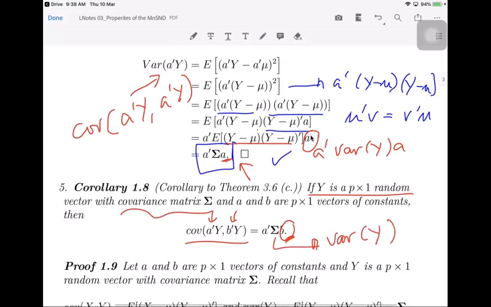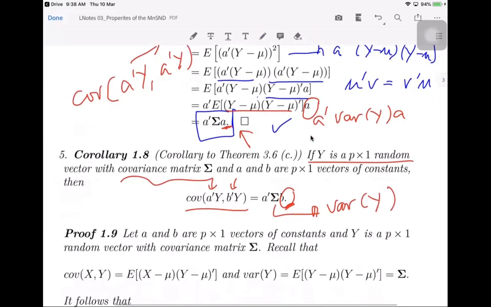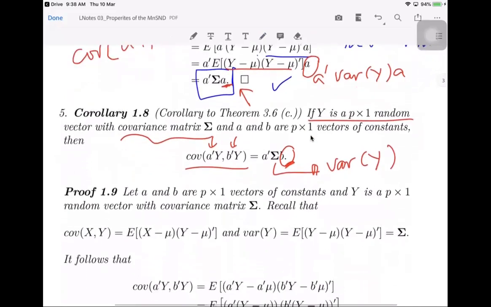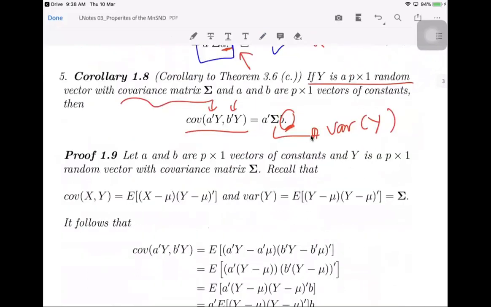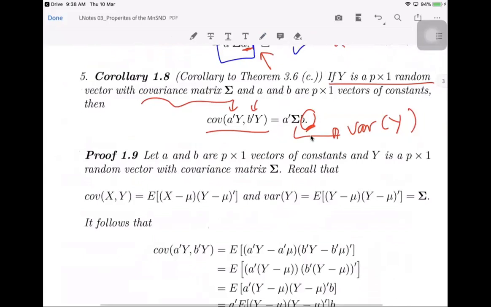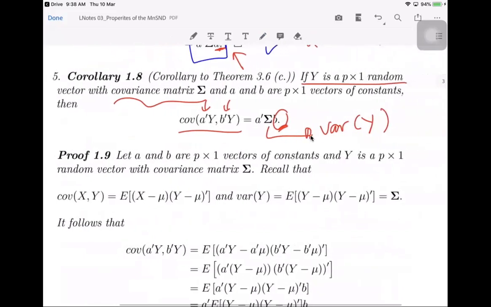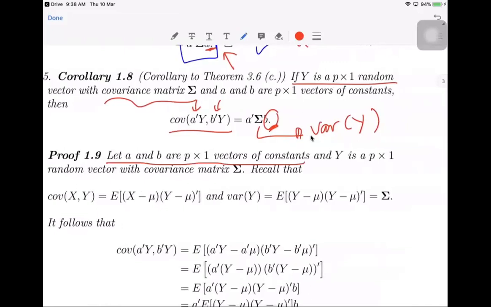For the proof, similar to the previous example, let us do this. So these are your assumptions. A and B are vectors of constants, which are p by 1 in dimension. Your random vector y is also p by 1 with covariance matrix sigma. So the variance of y is sigma.